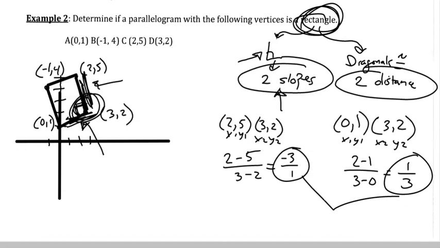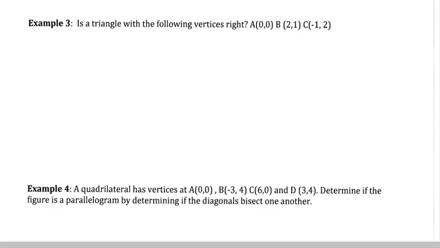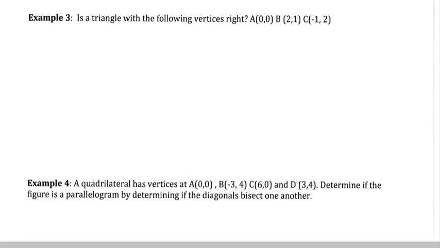All right, so like I said, we're using formulas to be able to prove things. Okay, we're going to be checking if the triangle right here is going to be a right triangle. Figure out how do we do right.